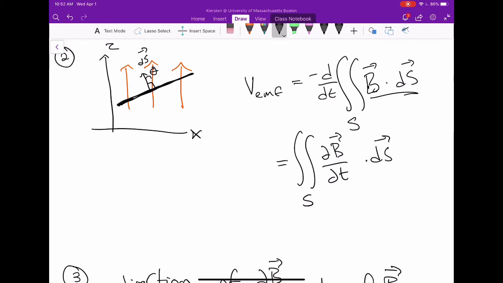So the dot product with the time derivative of the magnetic field and ds, they're not going to be in the same direction.